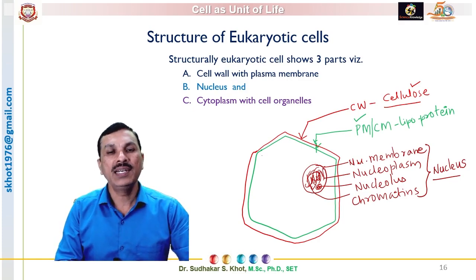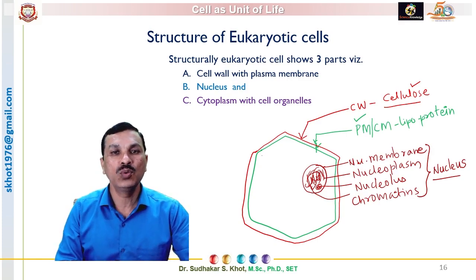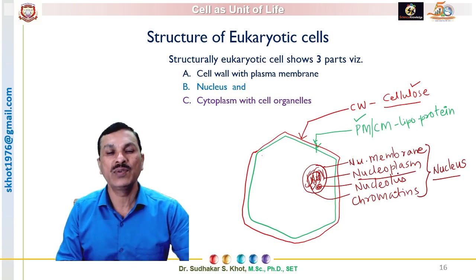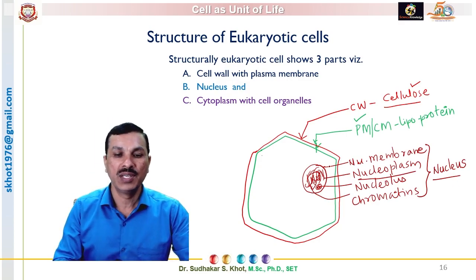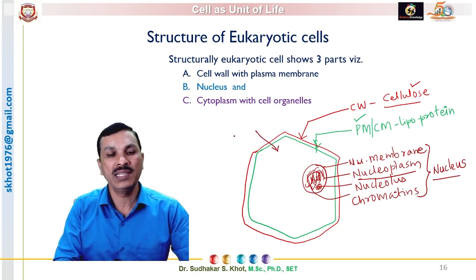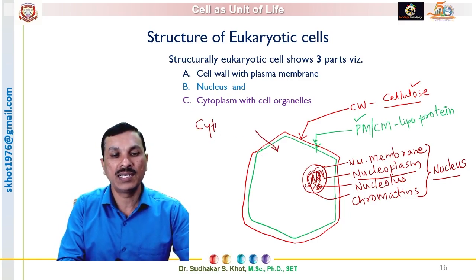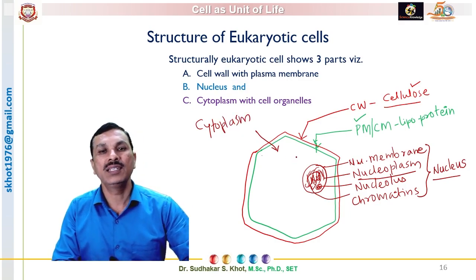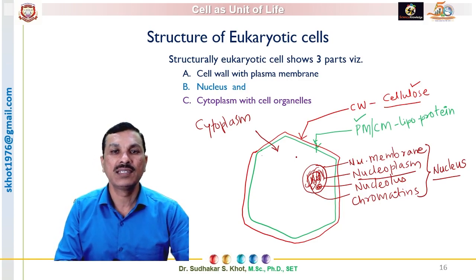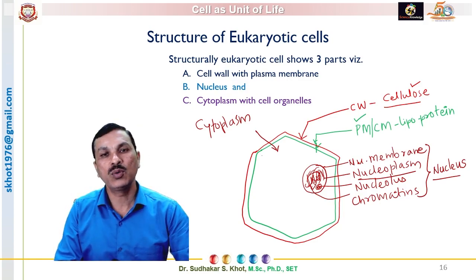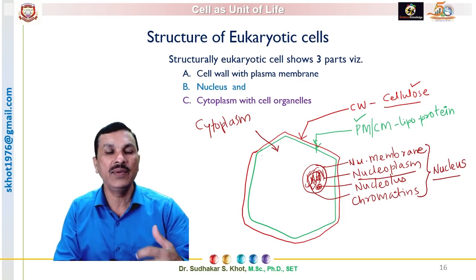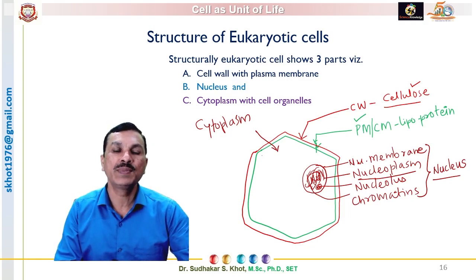The nuclear membrane divides the living matrix into separate compartments. The first compartment, which is enclosed by the nuclear membrane, is called the nucleoplasm, whereas the other compartment, which is present outside the nuclear membrane, is called the cytoplasm. The cytoplasm is a colloidal homogeneous mixture. It encloses a number of cell organelles, the living entities, as well as a number of cell inclusions, that is dead material.